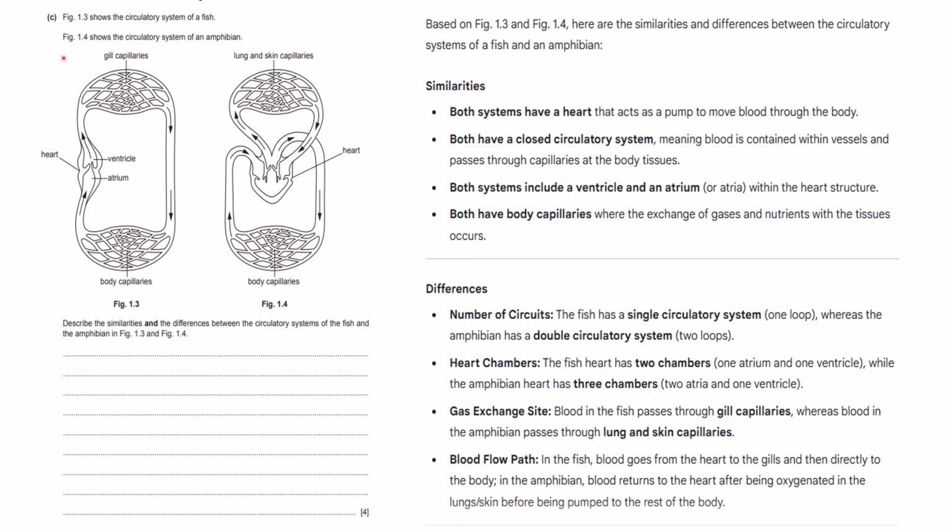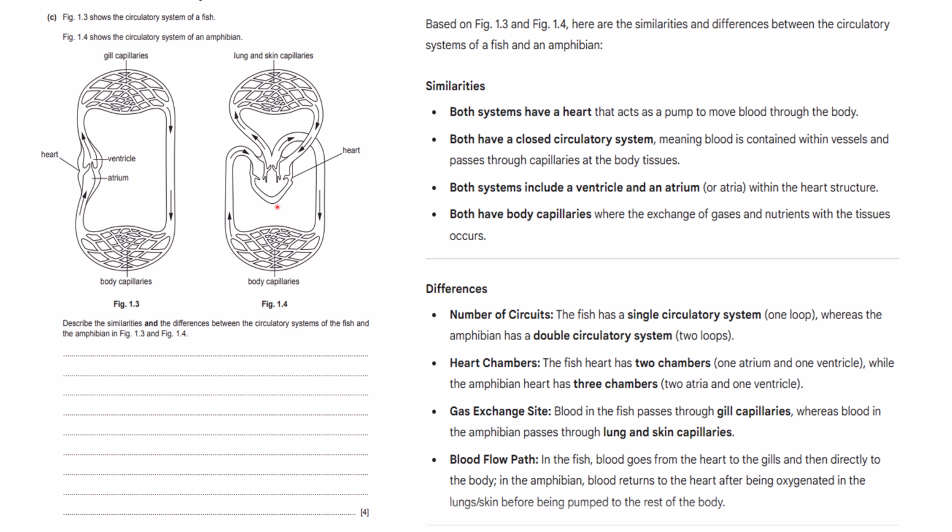Part C of question number 1. Figure 1.3 shows the circulatory system of a fish. Figure 1.4 shows the circulatory system of an amphibian. Here are two figures, figure 1.3 and figure 1.4. Here is the question: describe the similarities and differences between the circulatory system of the fish and the amphibian in figure 1.3 and figure 1.4.